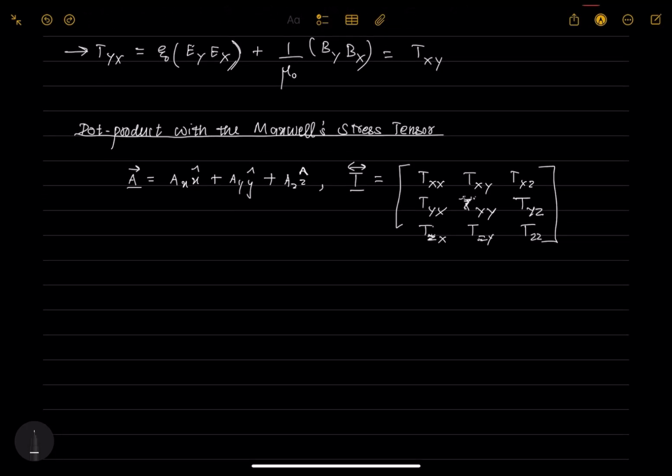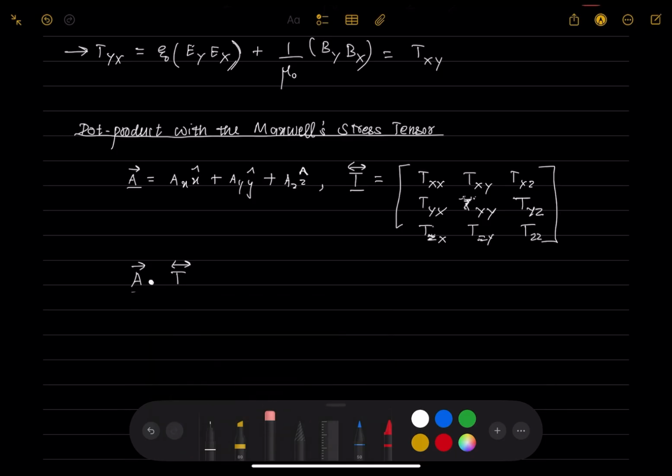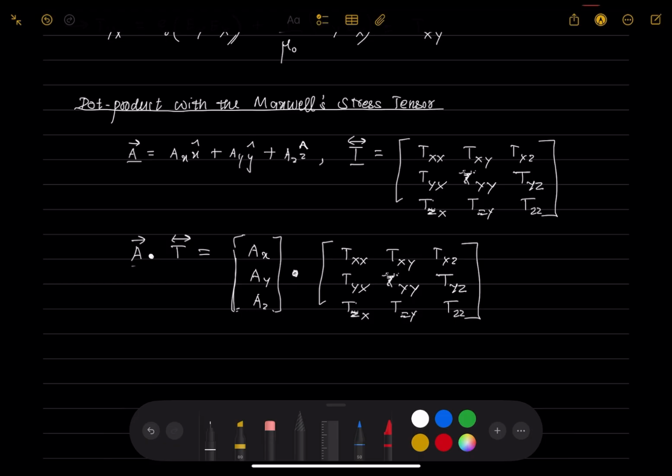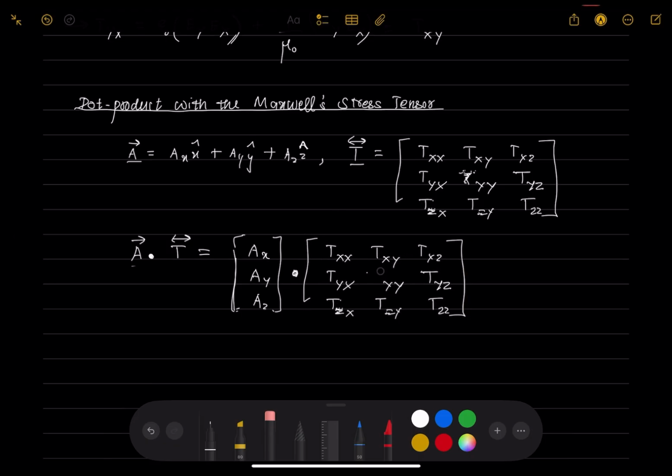So how things have been defined is that when you're taking this dot product, that is A written to the left and the stress tensor written to the right, let me actually write that in a column form so that things are more illuminating. We're taking the dot product of this with the whole stress tensor.